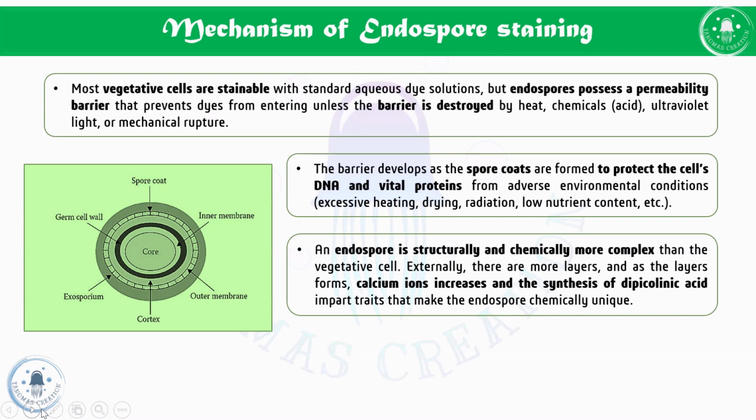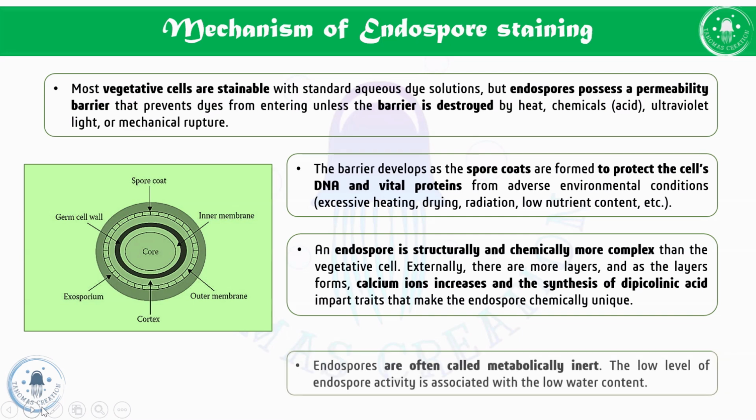So as the layers start forming one after another, the amount of calcium ions in the spore increases, and it allows the synthesis of dipicolinic acid. Now this dipicolinic acid is responsible for this unique behavior, for the survival in the dormant stage. Okay, so this is what makes the spore unique in structure.